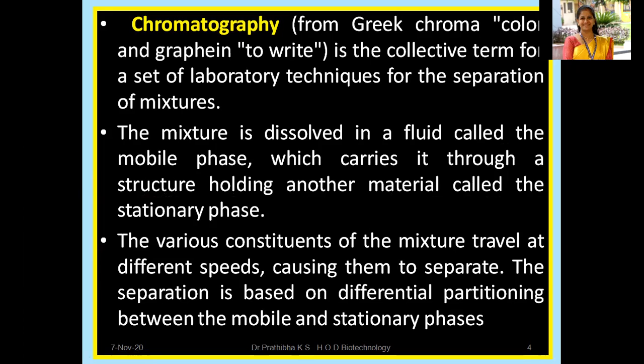Take a blotting paper and dip it in water. The paper will become the stationary phase, and the water absorbed from the bottom through capillary action up the paper will be known as the mobile phase. So keep in mind, in chromatography, we most commonly use mobile and stationary phases.